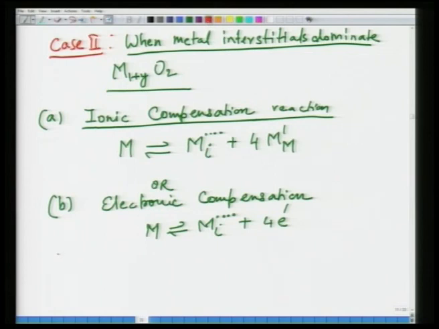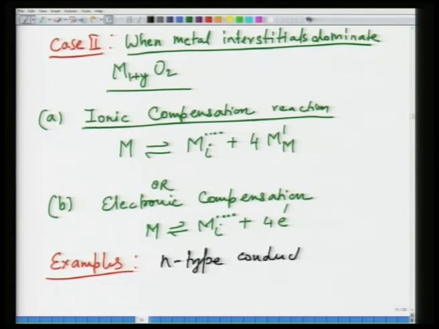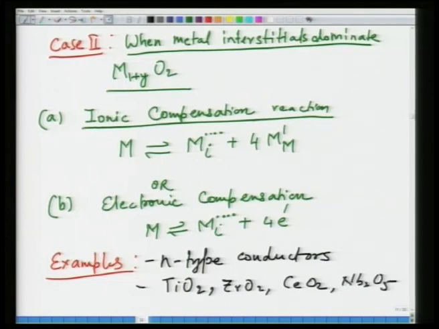Typical examples of n type conductors due to quasi-free electrons are materials like TiO2, ZrO2, CeO2. So, all these AO2 kind of oxides, or materials like Nb2O5, which are also prone to having this kind of defect chemistry.